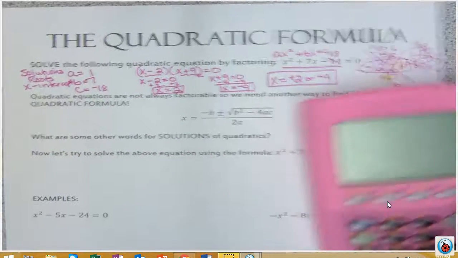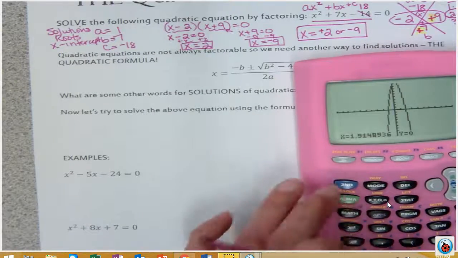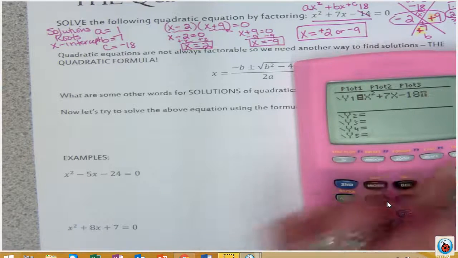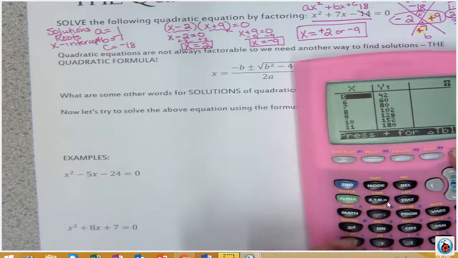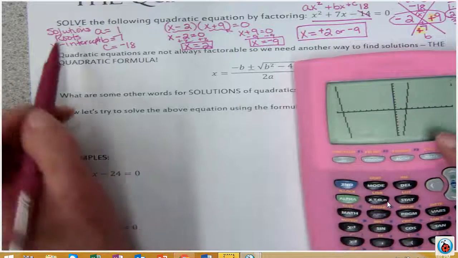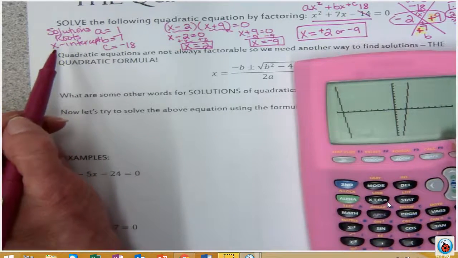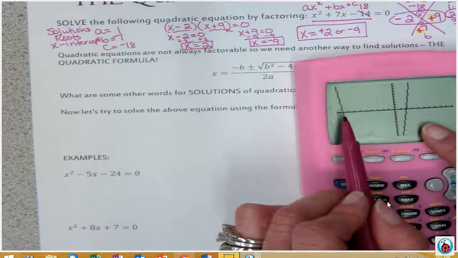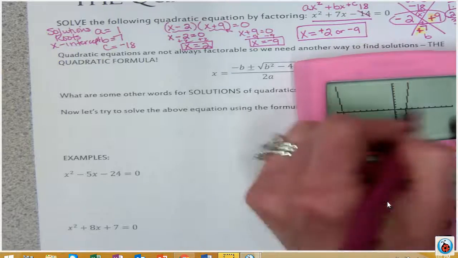And if you graph it in your calculator, you will see that x squared plus 7x minus 18, if I were to graph that, that would be my table. If I were to graph it, my solutions, my roots, my x-intercepts would be at positive 2 and negative 9. So that's what we're talking about here.